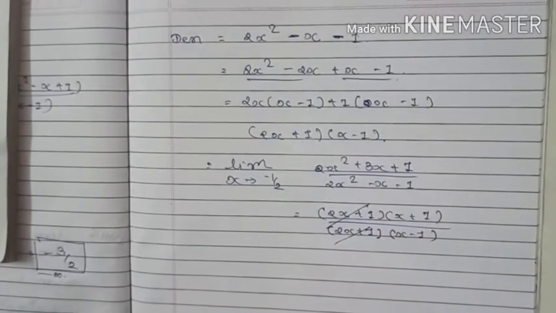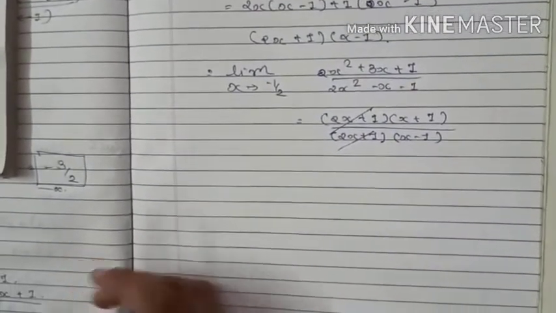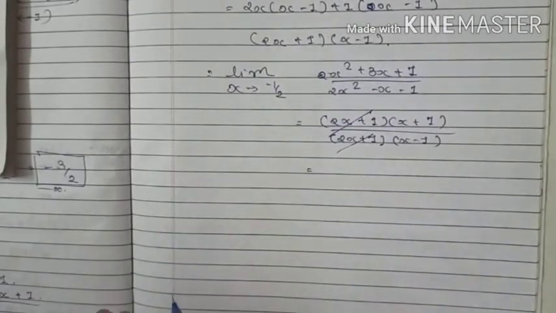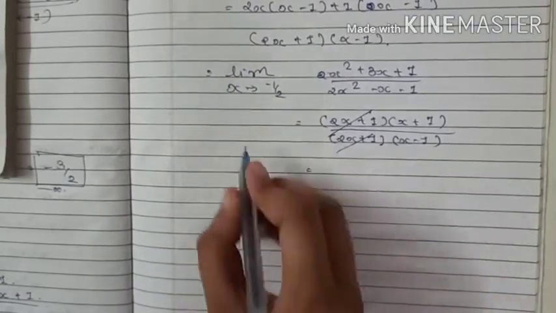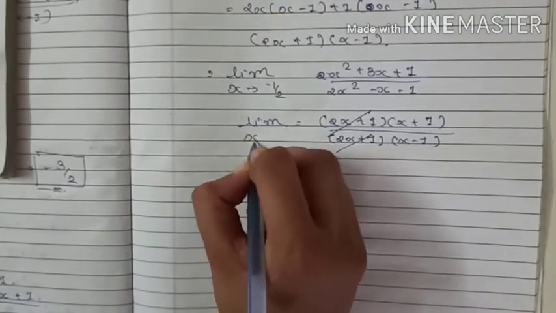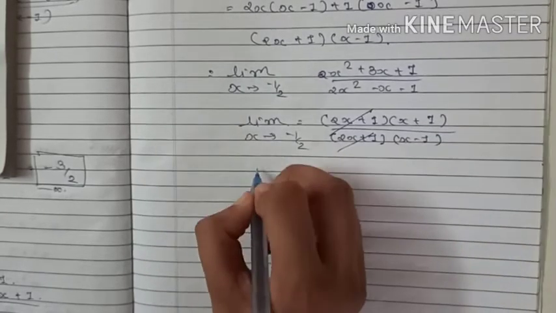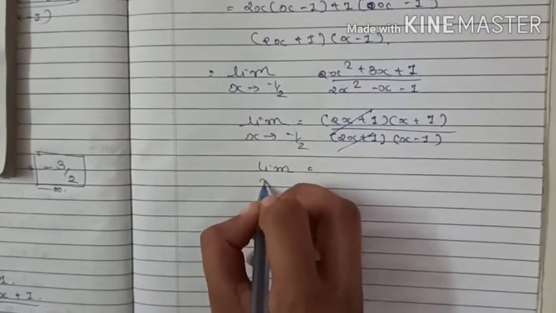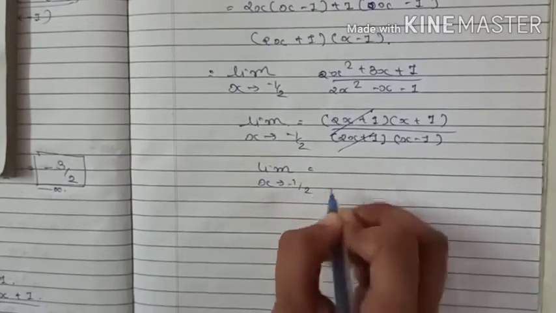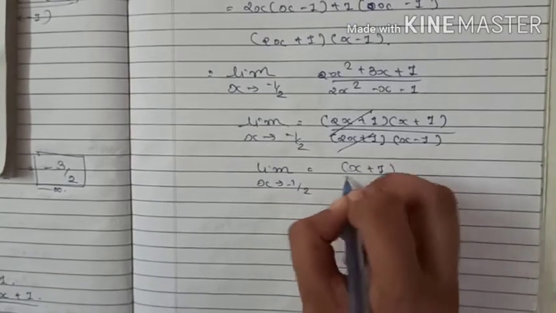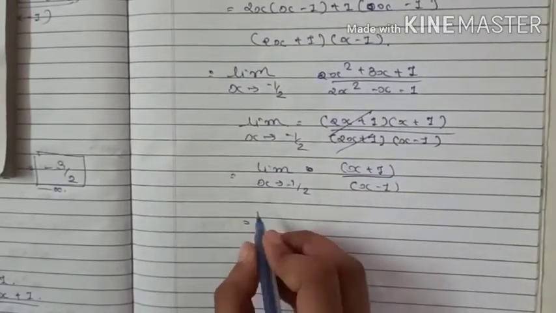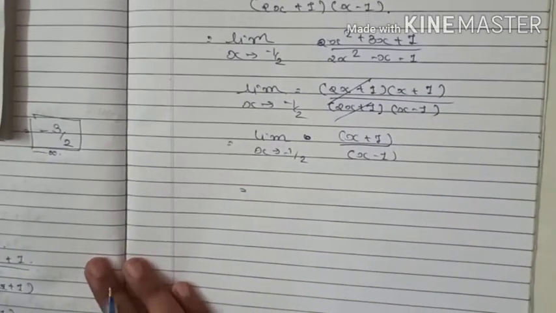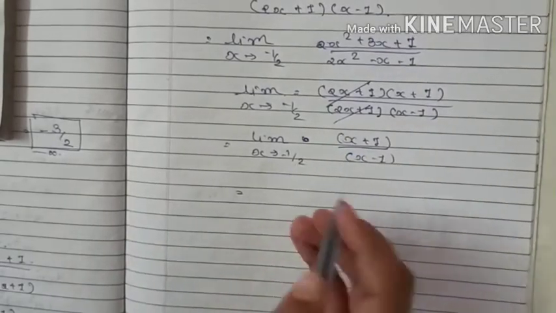Numerator and denominator, the same element is cut. After cancelling the elements of the denominator and numerator, we are putting the value of the limit. Limit x tends to minus 1 by 2, x plus 1 upon x minus 1. Let's put x is equals to minus 1 by 2.